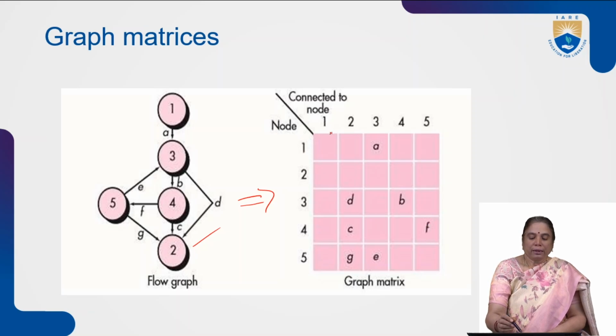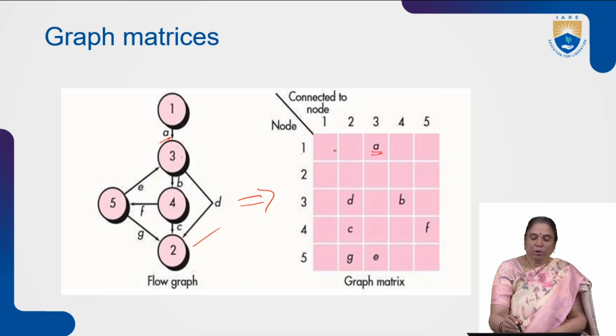From the node and the connected node, if the connection is there, the weight must be represented at the intersection of row and column. For node 1 to 3, there is a connection with a weight of A. So for node 1, the connected node 3, the weight A must be represented.